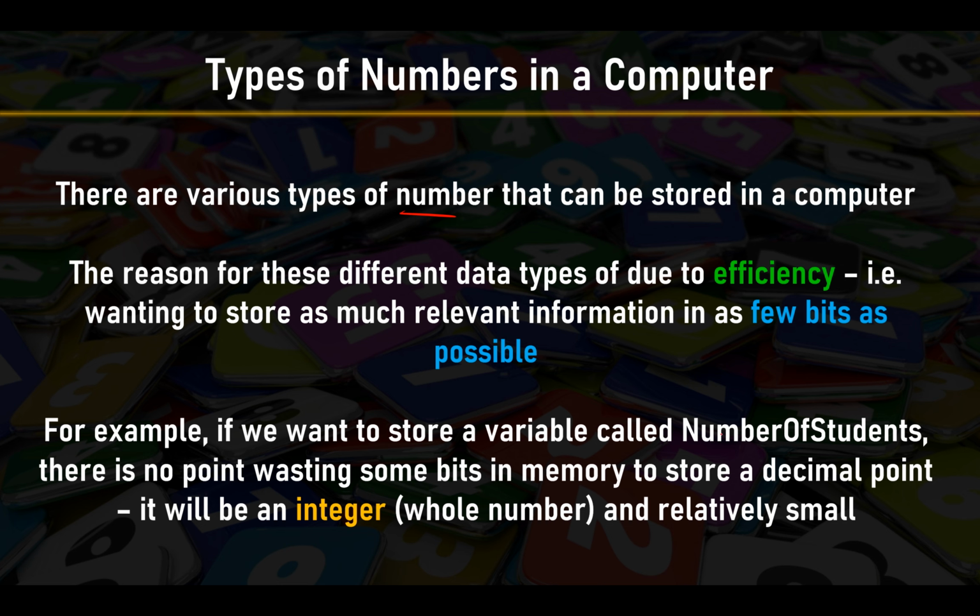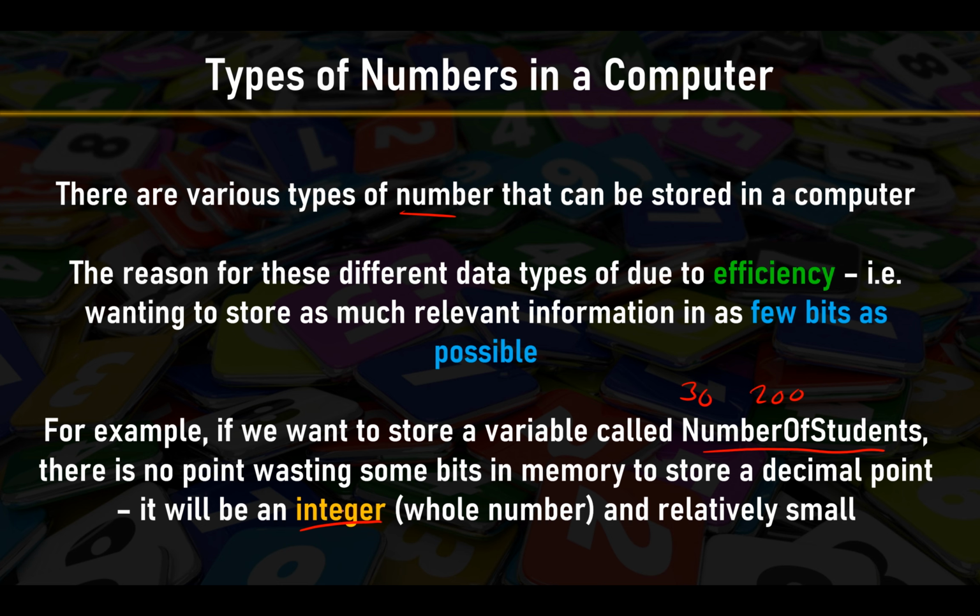So for example, if we have a variable called number of students, then there's no point using a variable that can store billions of different students. Realistically, a class has maybe 30 students. If it's a university, maybe you have 200 or something. So in this case, we can choose a relatively small variable size.